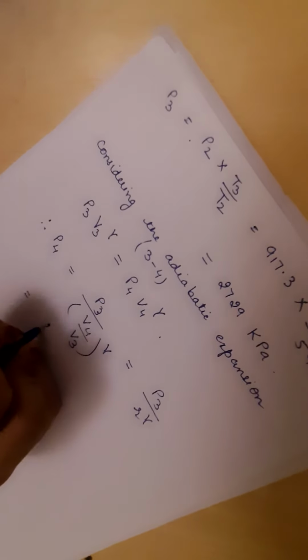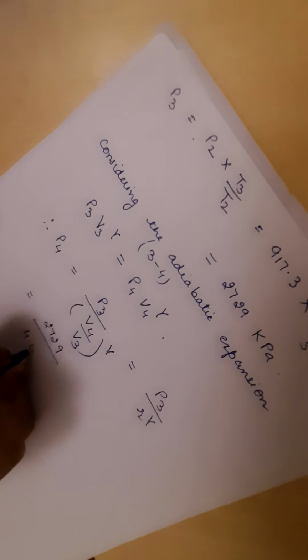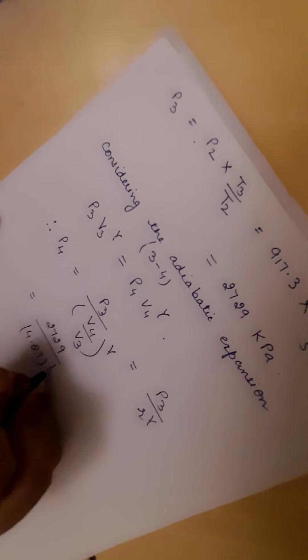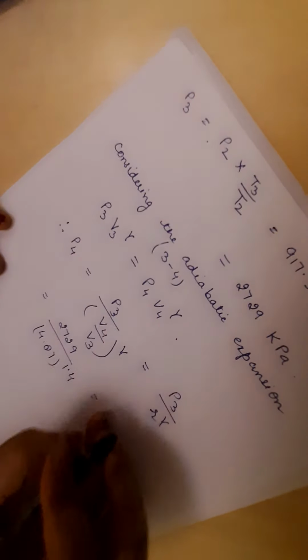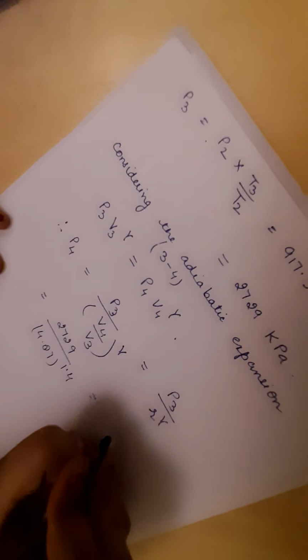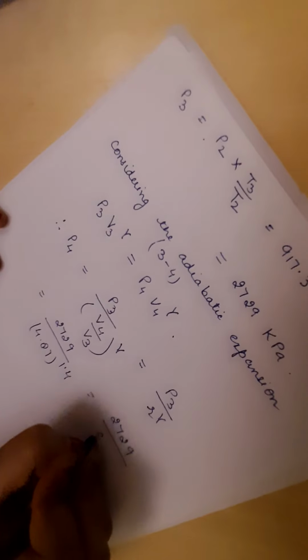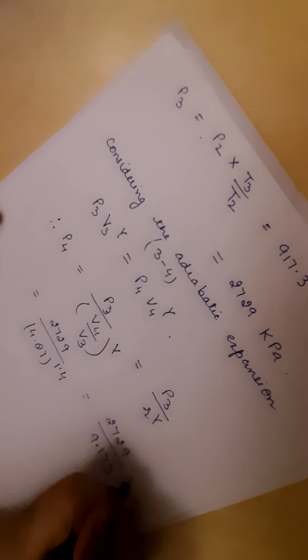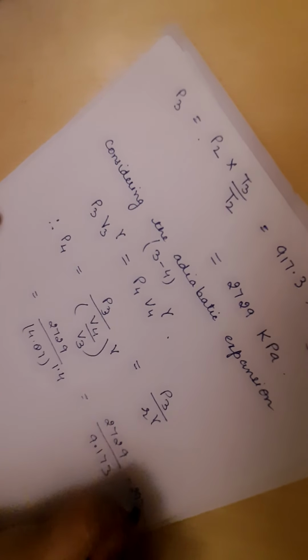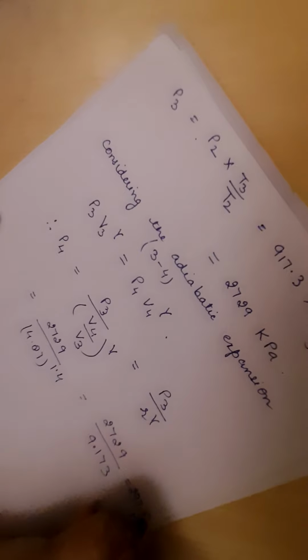Simply put the values in this. The value of P3 is 2729 upon 4.87 raised to the power 1.4, which will be further calculated as 2729 upon 9.173, equal to 297.5 kilopascal.